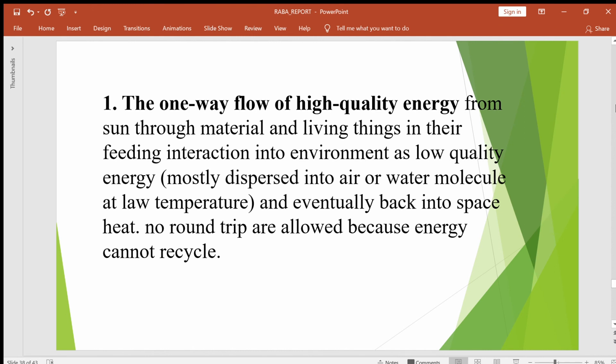First, the one-way flow of high-quality energy from the sun through materials and living things and their feeding interactions into the environment as low-quality energy, heat, and eventually back into space. No round trips are allowed because energy cannot be recycled.